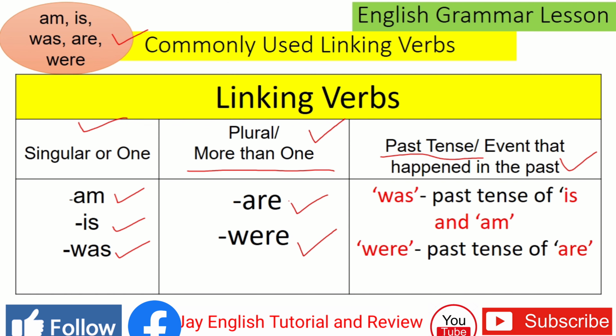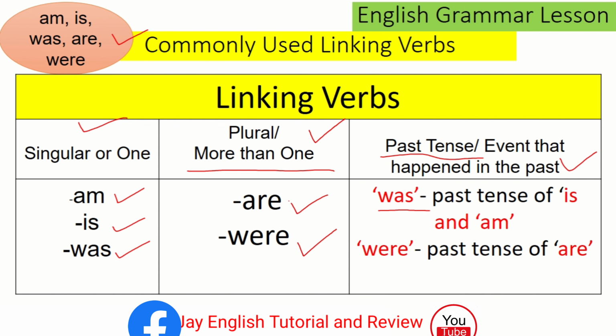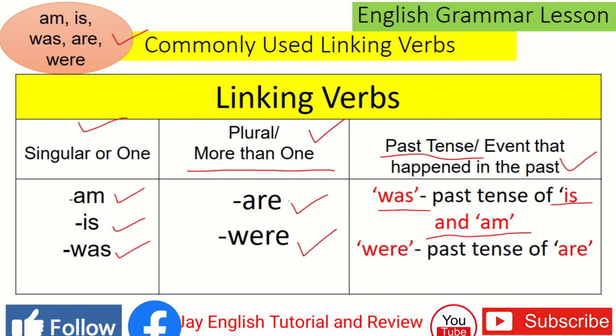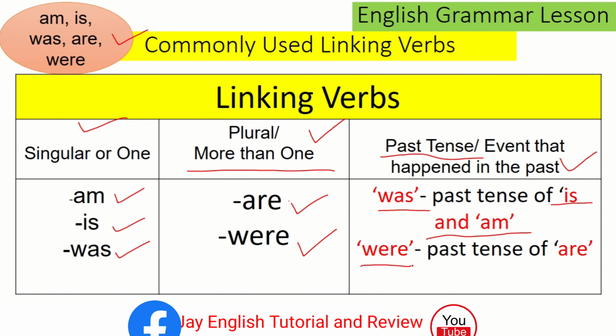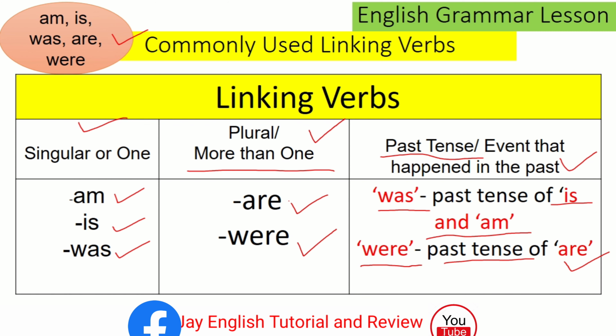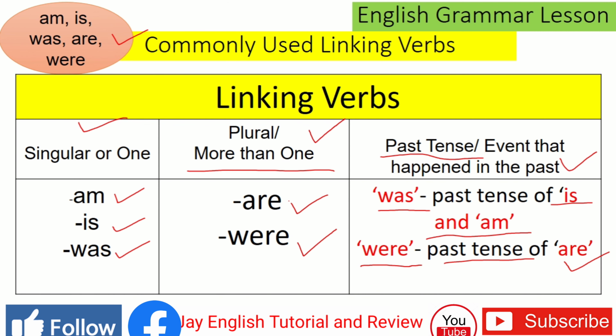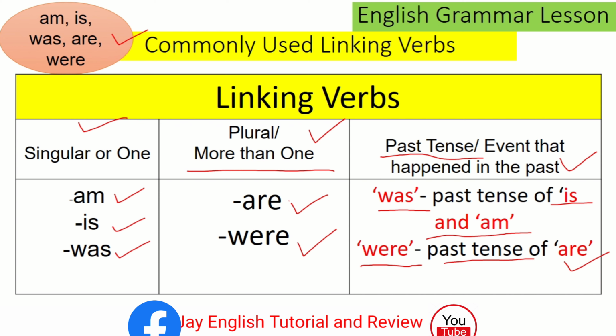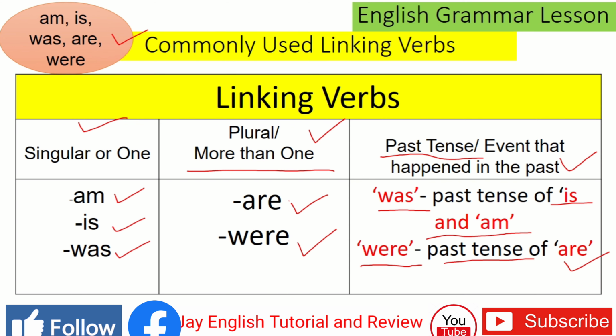And please take note that was is the past tense of is and am, while were is the past tense of are. Because later on, once we are going to use these linking verbs in a sentence already, it is important that we know which linking verbs are singular, which are plural, or in the past tense. Okay?